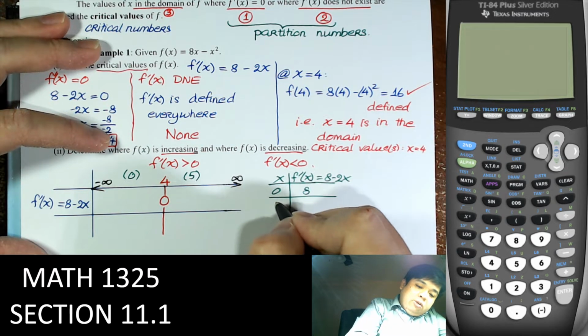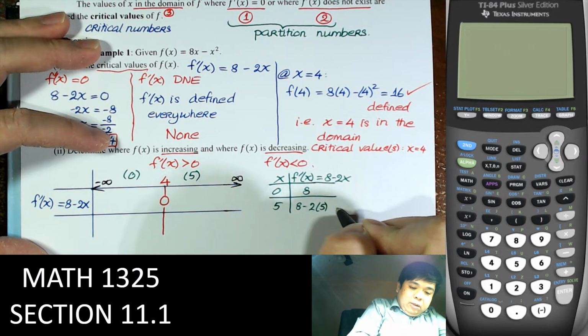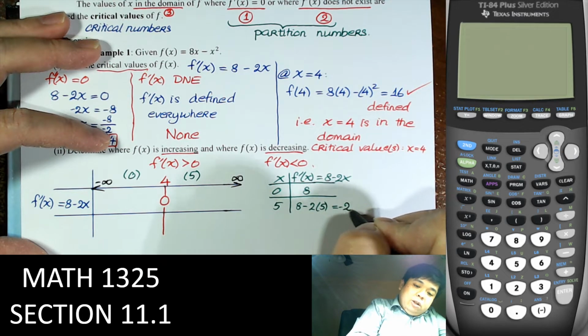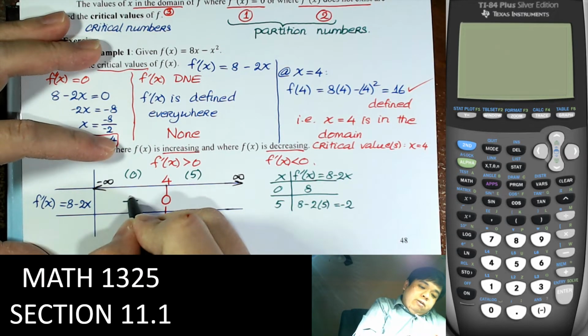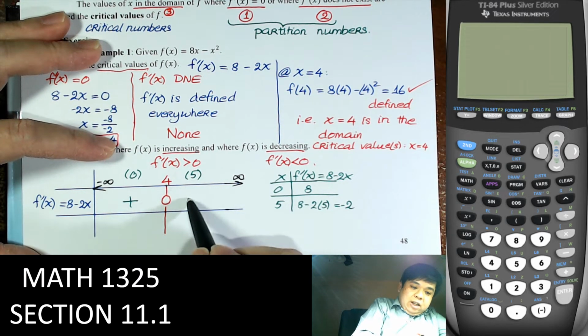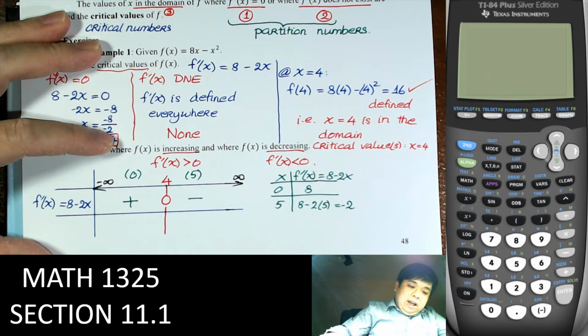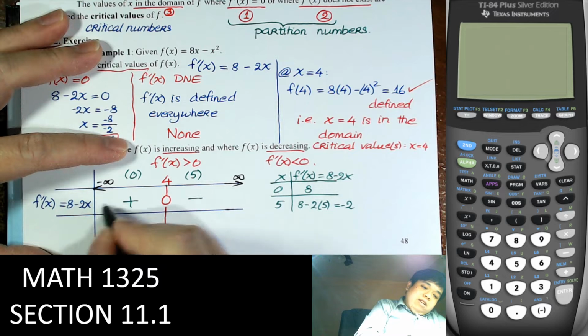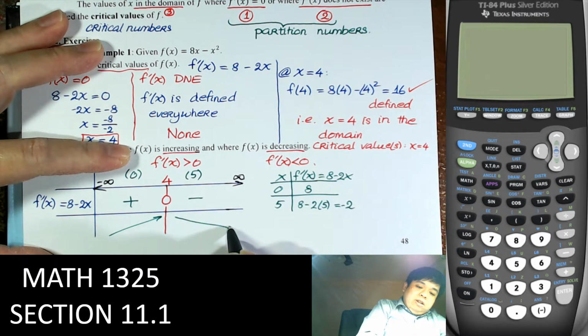When x equals 5, 8 minus 2 times 5 is minus 2. So for 0 it is positive, and for 5 it is negative. We just need to test one point. If the derivative is positive, the function is increasing.